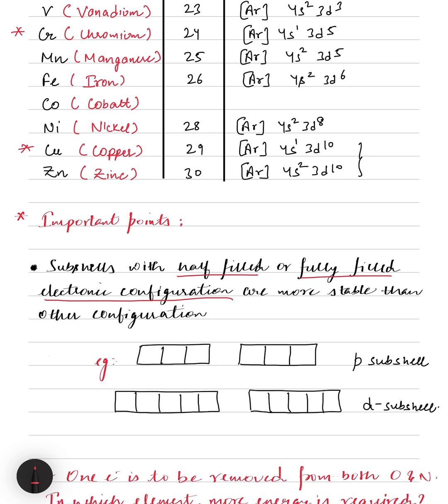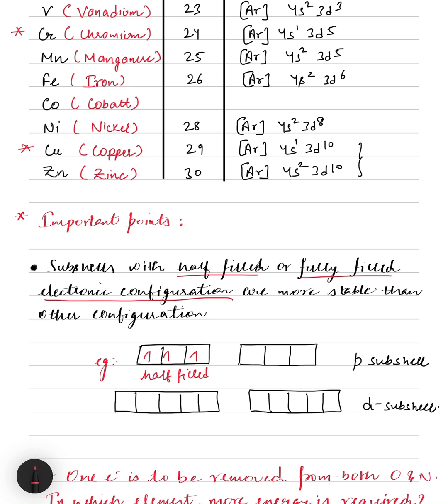In the case of the p subshell, half-filled will be like this, right? All the electrons should be of the same spin. All three electrons have the same spin. So this is the half-filled configuration.